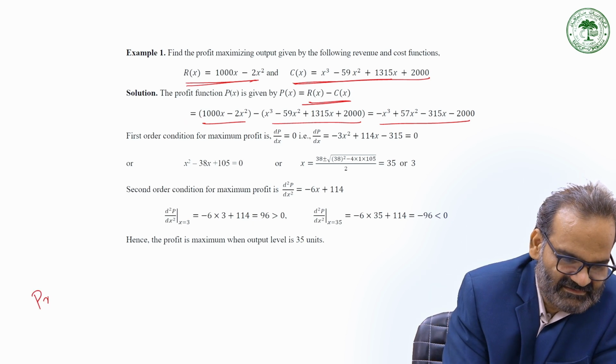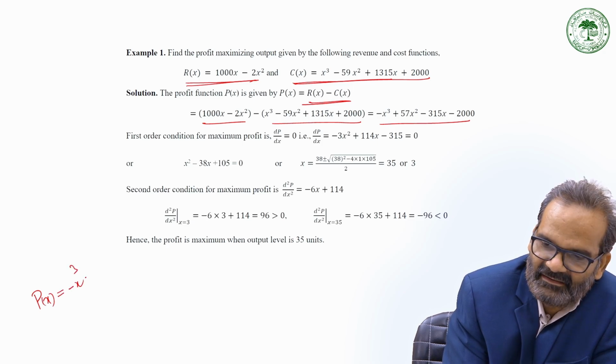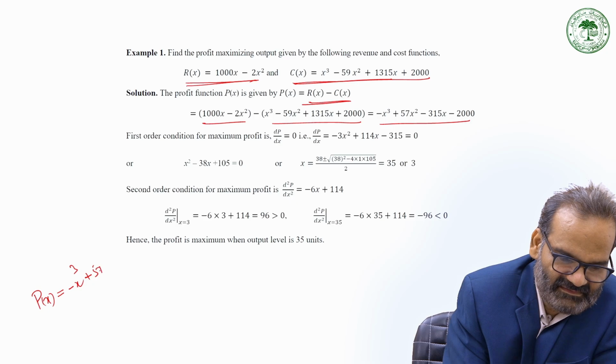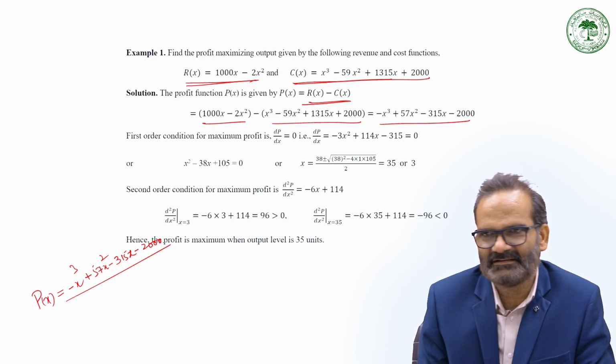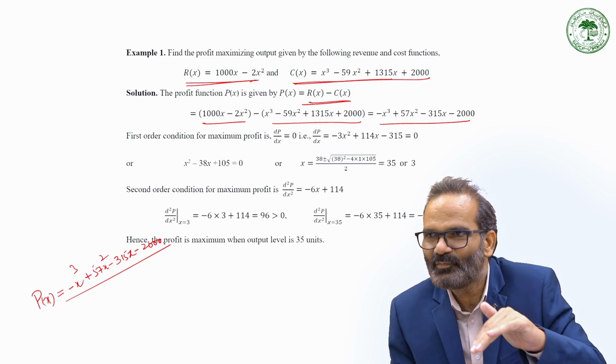So this is your profit function. The profit function is coming out to be what? P(x) is minus x power 3 plus 57x square minus 315x minus 2000. This is our profit function, right? This is a general function and we have to maximize it.